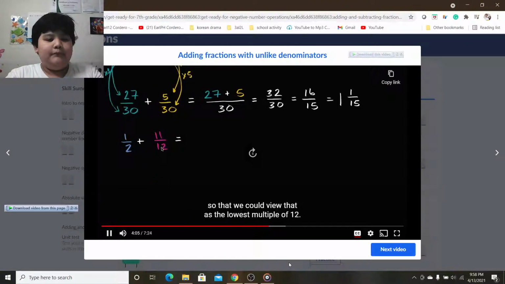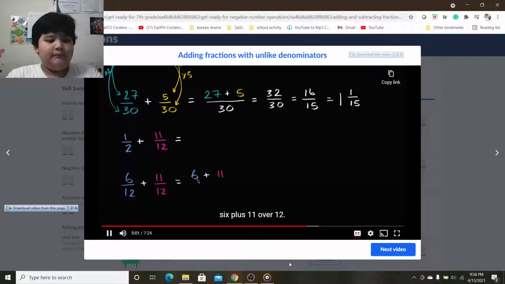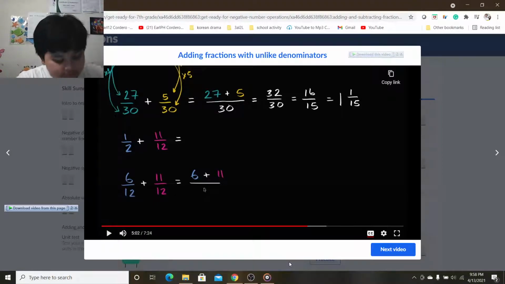Same denominator. 1 times 6 is 6. 11, 12, 13, 14, 15, 16, 17.